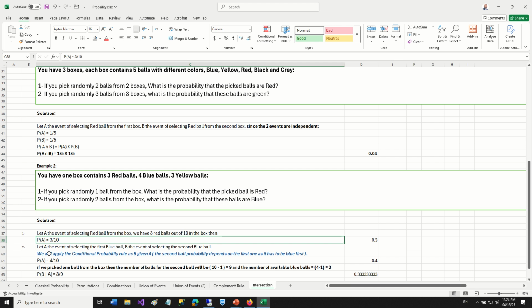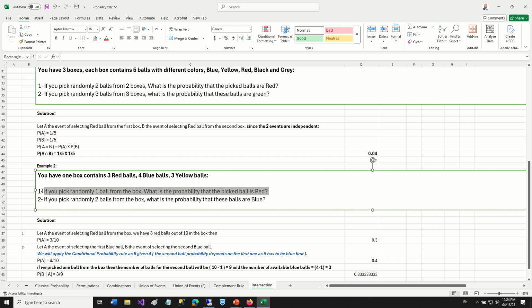As you see here, 3 out of 10 means 30%. So 30% is the probability of selecting a red ball from the box. As we have 3 red balls and the total number of balls in the box is 10, it is simply 3 out of 10. This is classical probability. Number 2, we will apply the intersection rule.